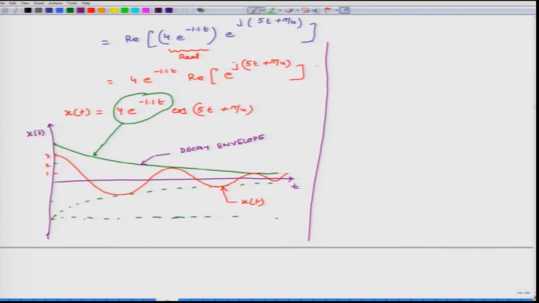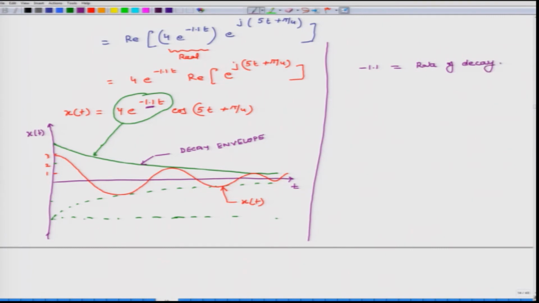And the speed of this decay is determined by which parameter? It depends on this number, 1.1. So, minus 1.1 is the rate of decay.